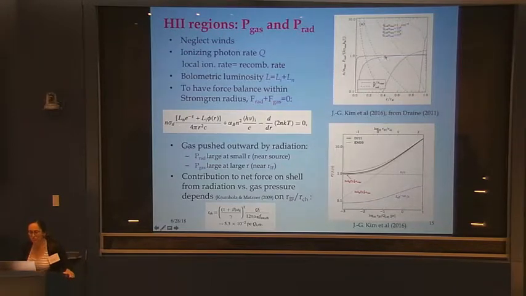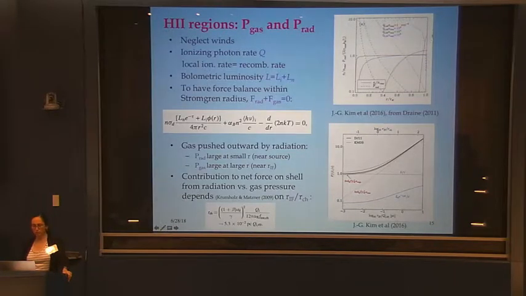Yeah, in units, it's probably 10 to the 49. At a low value of Q here, it's the traditional uniform Stromgren sphere with a uniform density, very low radiation pressure. But as you turn that up, the gas actually gets pushed to the outside, and radiation is filling the center. So essentially, you have radiation pressure on the inside, and all of the gas gets pushed out to the outer part.